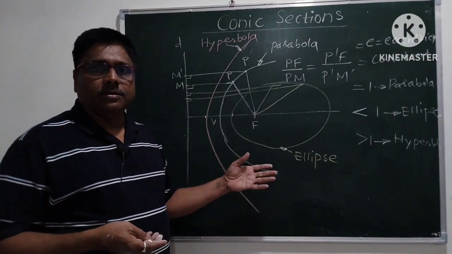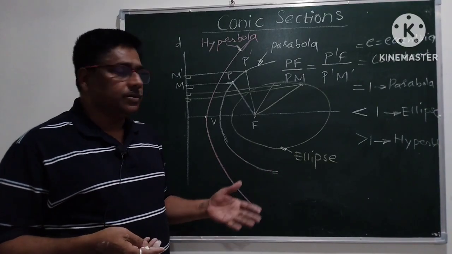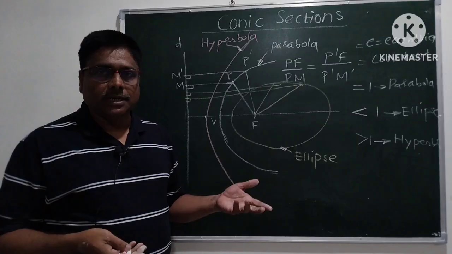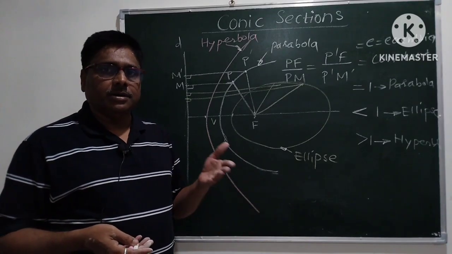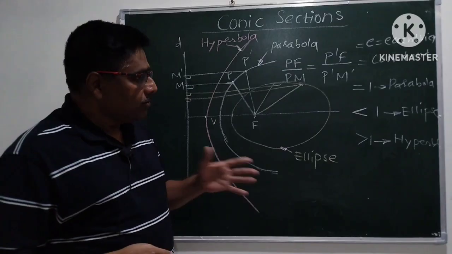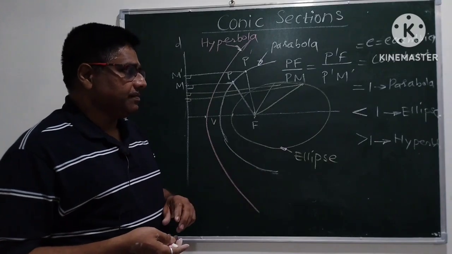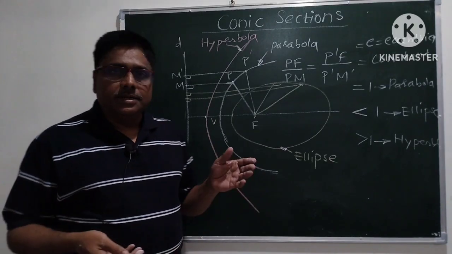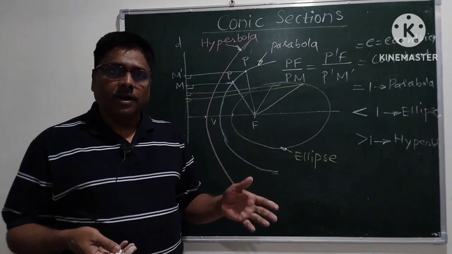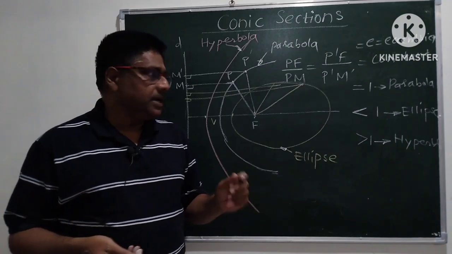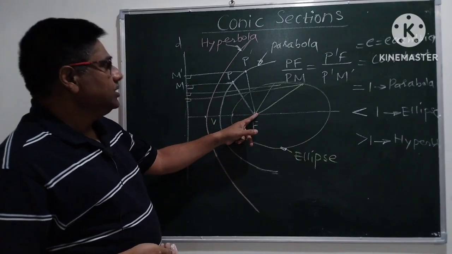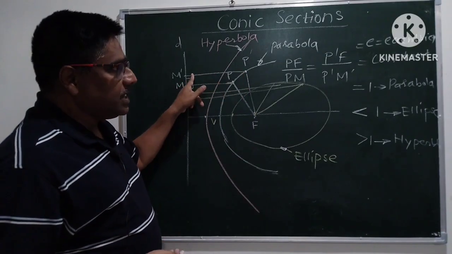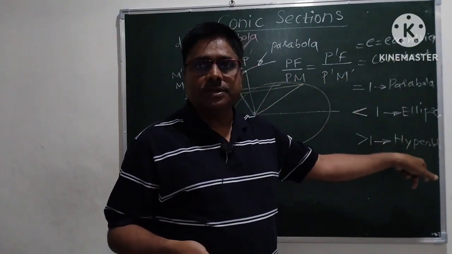Now with this background we can define conic sections in general. It may be a parabola, ellipse or hyperbola. How do we define a conic section? It is the path traced out by a point moving in a plane such that the ratio of its distance from a fixed point to its distance from a fixed line is always constant.